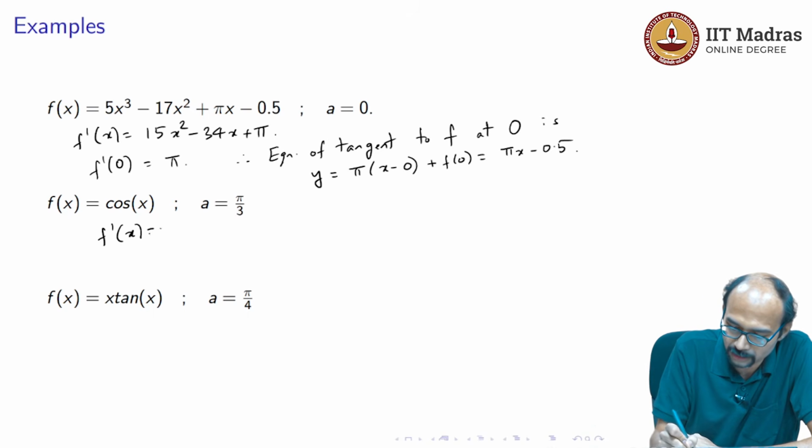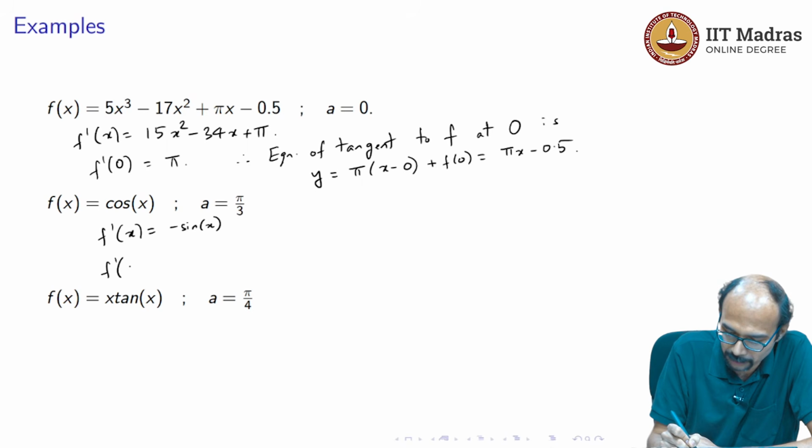So, f prime x here is minus sine of x. So, we want to evaluate this at pi by 3, which is the point we are given.